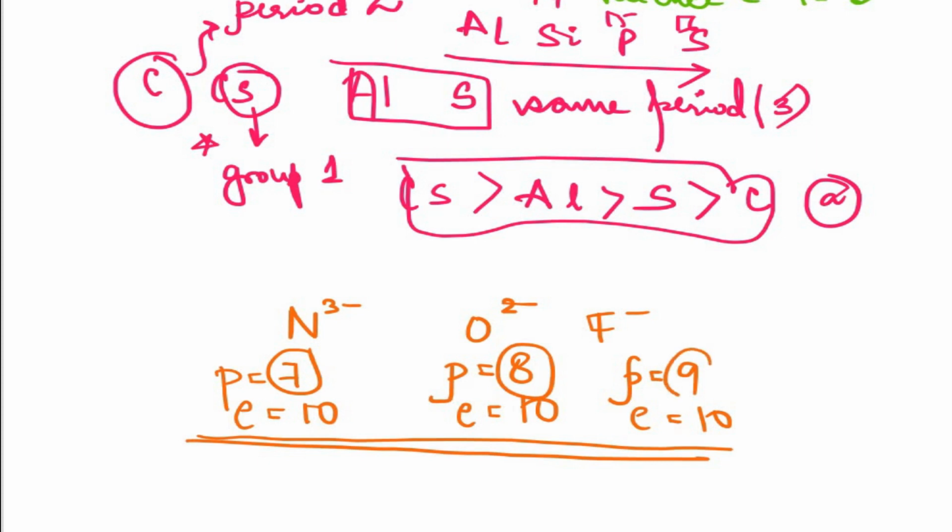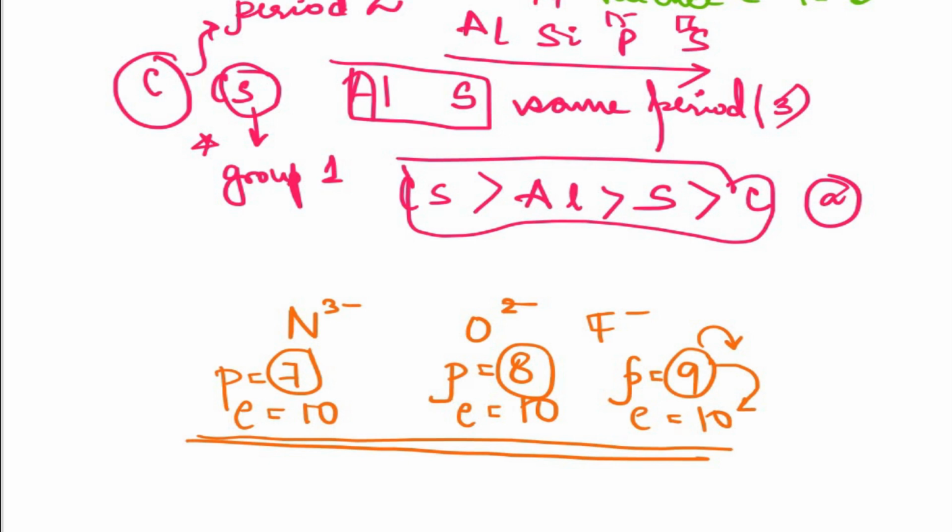How do we do it? See, since the electrons are fixed, if there are a greater number of protons, it will attract the negative charges much more strongly, because the proton is a positive charge entity and the electron is a negative charge entity. So opposite charges will attract. So if the proton number is higher, then it would attract the electrons to a greater extent.